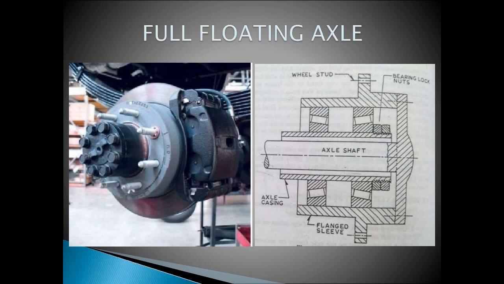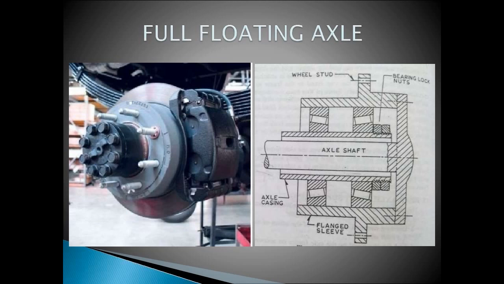In this case, the wheel remains in position even if the axle breaks, which is not possible with the other arrangements. It is more expensive, bulkier and heavier than the other types, because if any axle ruptures, you can replace it with a new one without removing the wheels. That's why this more expensive type is normally observed in heavy trucks.